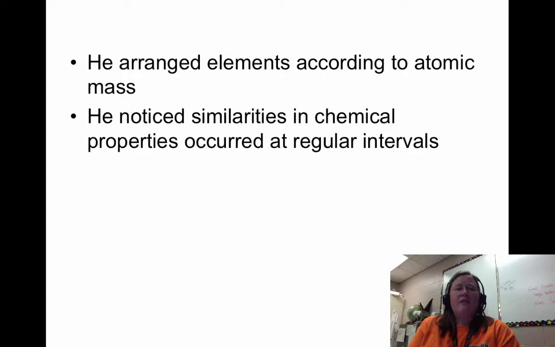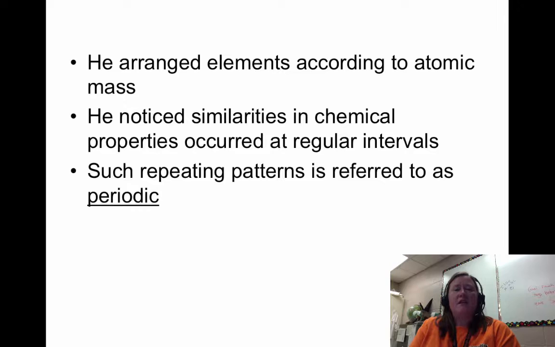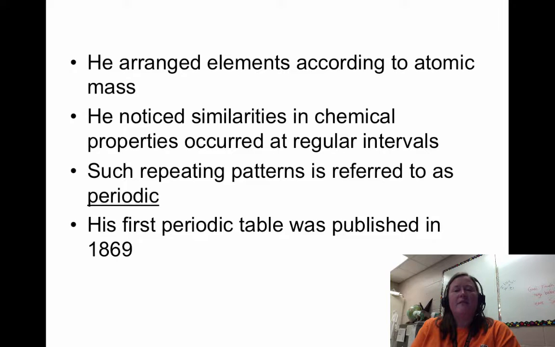So he did notice similarities in chemical properties and that they occurred at regular intervals. And when you have repeating patterns, it's referred to as periodic or periodicity. He published his first periodic table in 1869.